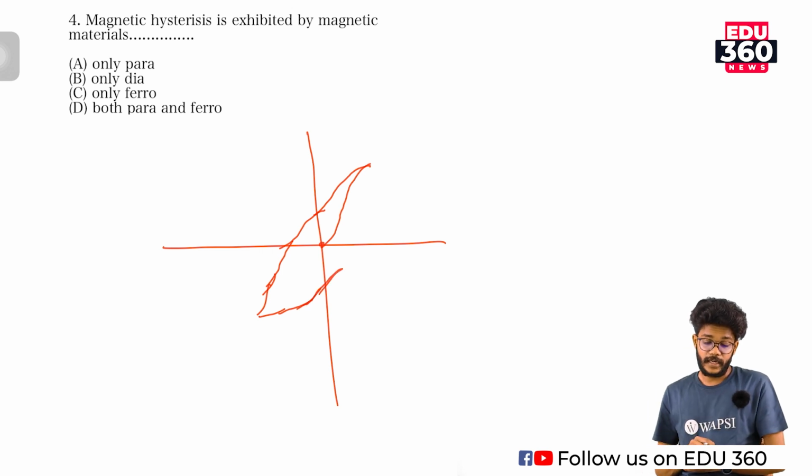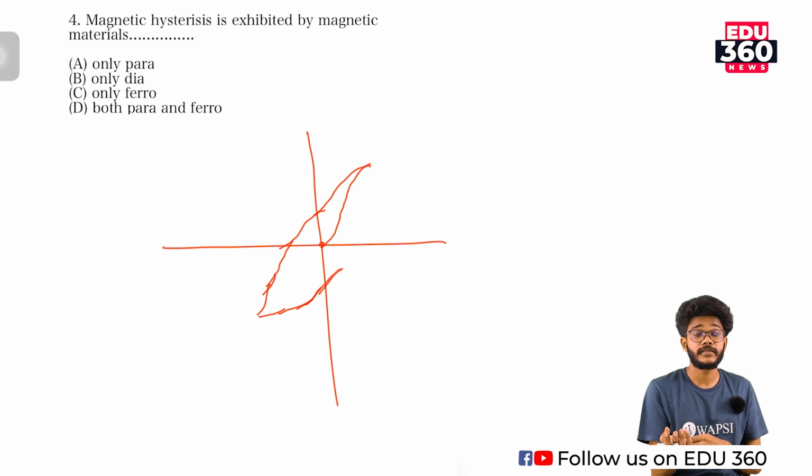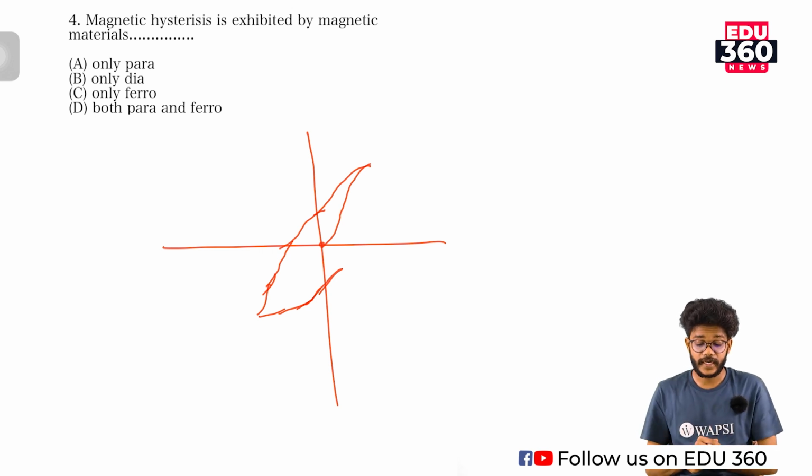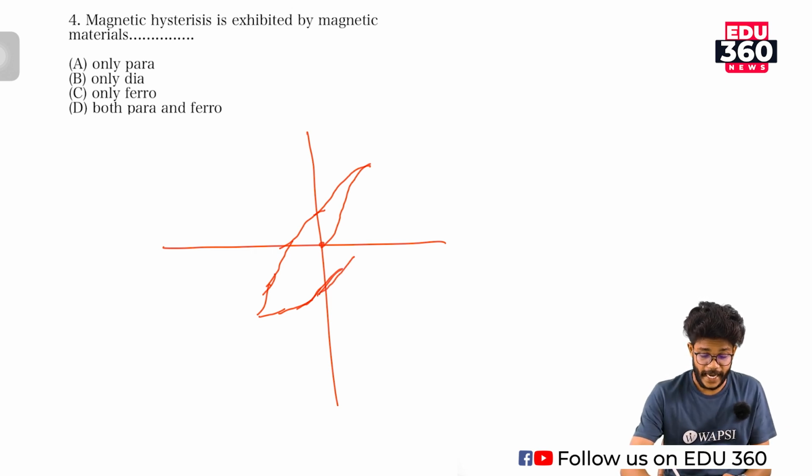When we give 0 magnetic field, there is a negative magnetization in that material. That means the material is trying to hold on to the effect of the magnetic field. So this will end at this position.